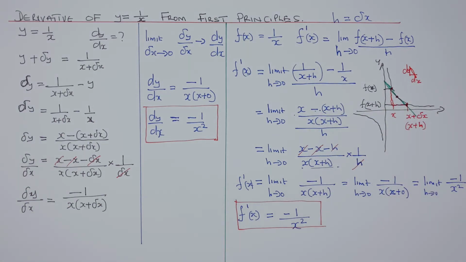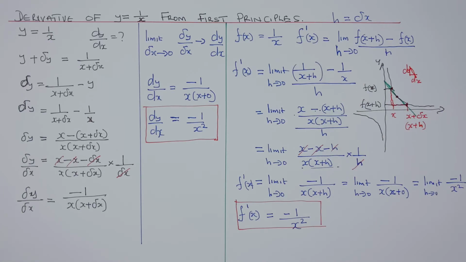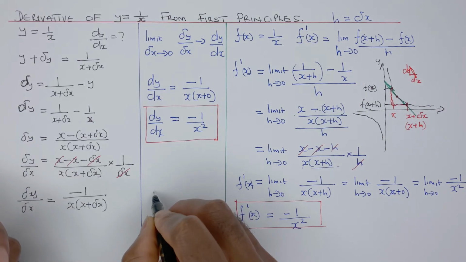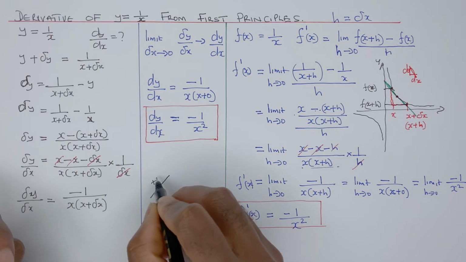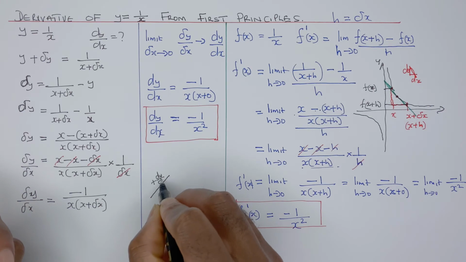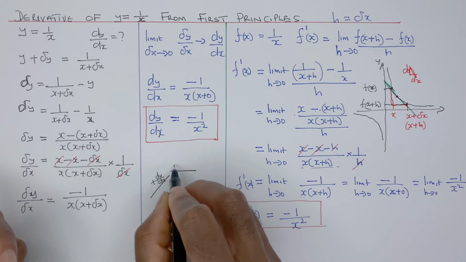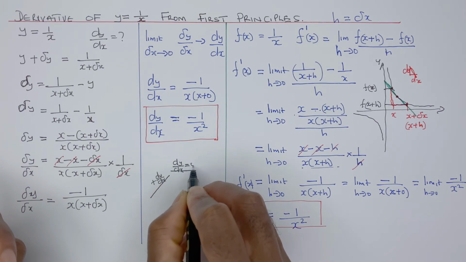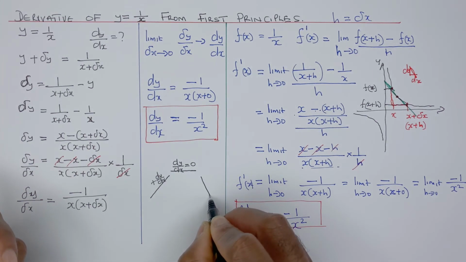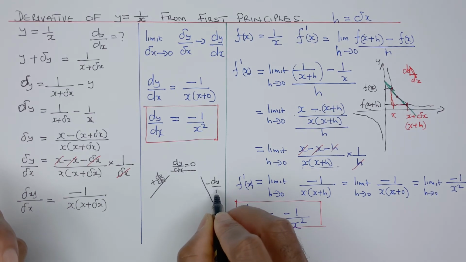So that's what's happening. And that's why it's negative, because you can see it's a negative gradient. If you have a positive gradient, that's a positive dy over dx. And this one, a horizontal gradient, will be 0. And that will be a negative dy over dx.